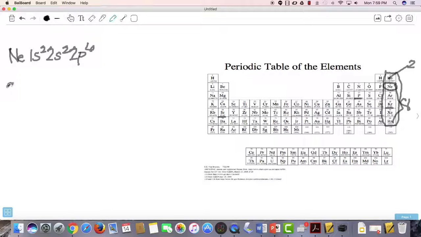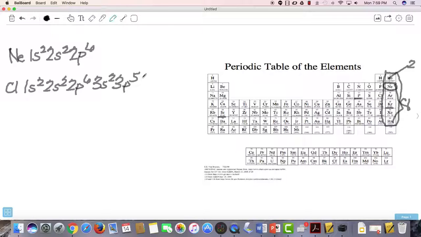And then chlorine's electron configuration is 1s2, 2s2, 2p6, 3s2, and 3p5.